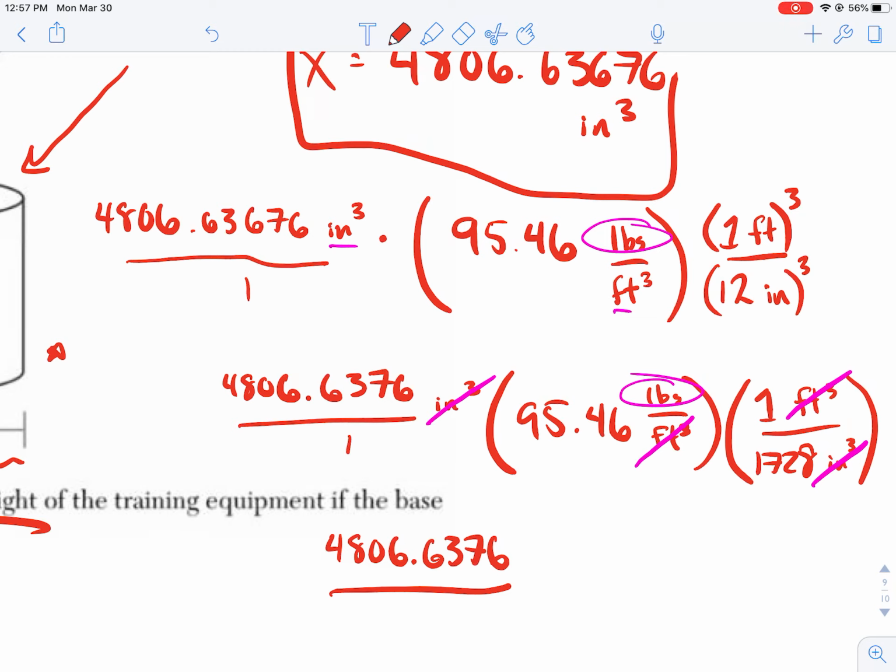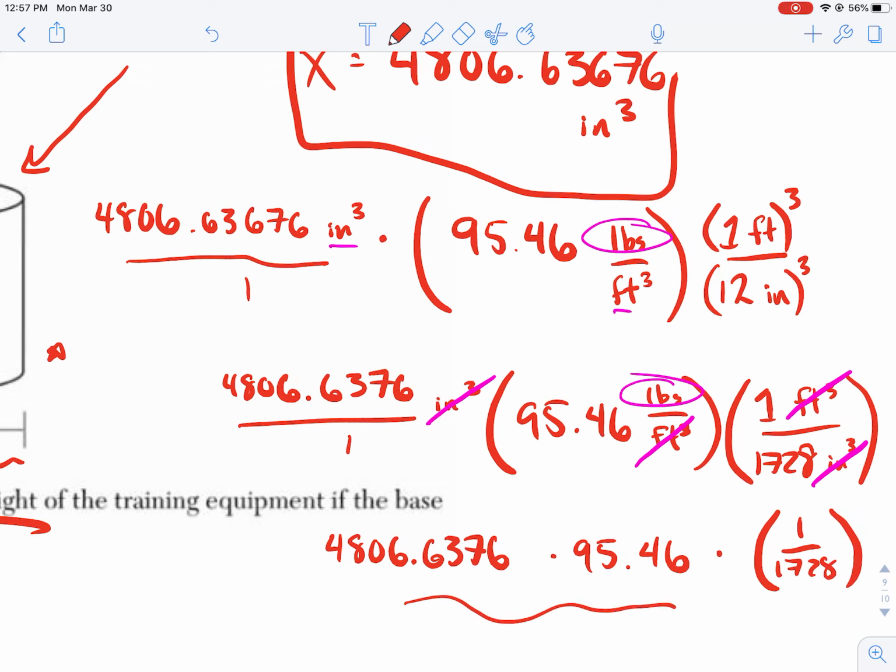We're going to have 4806.6376 times 95.46, times 1 over 1728. So when we multiply these pieces together, we have to divide by 1728.